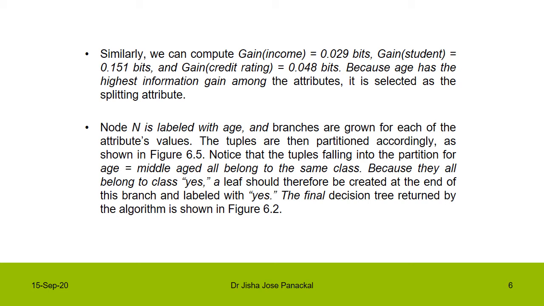Here we have the highest value with age attribute, that's why we have selected it as the splitting attribute. So this is the procedure we are using for having the decision tree, and this is the attribute selection measure we have used, and I hope you understand the concept very well.